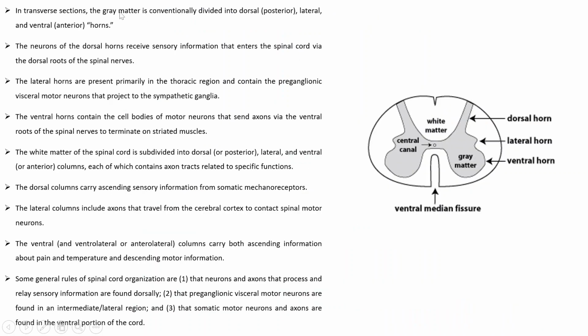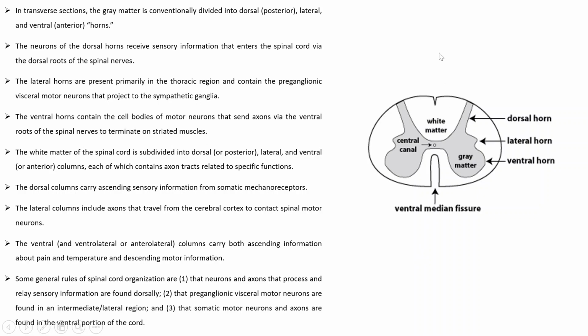In transverse section, the gray matter is divided into the dorsal, lateral, and the ventral horns. The neurons of the dorsal horns are associated with receiving sensory information that enters the spinal cord via the dorsal root of the spinal nerve, while the ventral horns contain the cell bodies of motor neurons which send their axons via the ventral root of the spinal nerve to terminate on striated muscle.